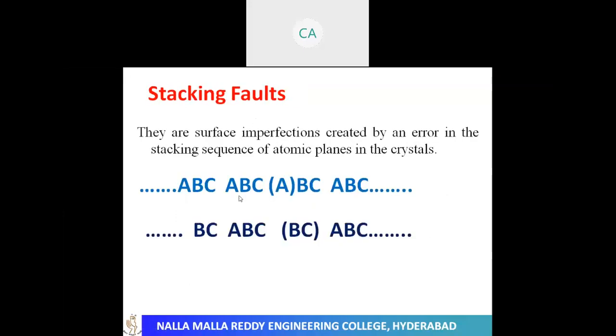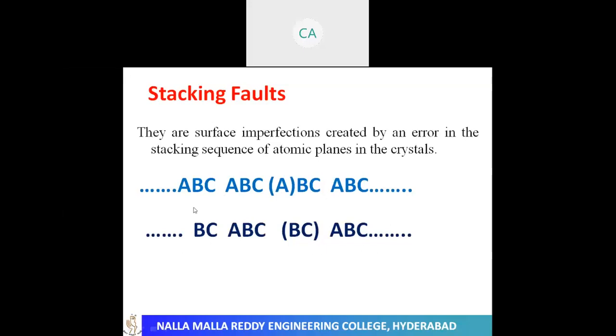Now, the last one is stacking faults. They are surface imperfections created by an error in the stacking sequence of atomic planes in the crystal. Consider the stacking arrangement in an FCC crystal: ABC, ABC, ABC, and ABC.